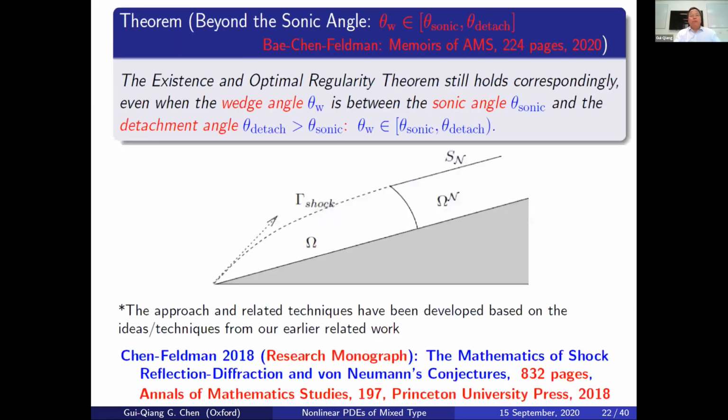So we can prove that through the sonic angle, similar results hold correspondingly, and again we get C1,1 at the corner, which is the optimal solution. This solution is C2,alpha and C1,alpha through here.